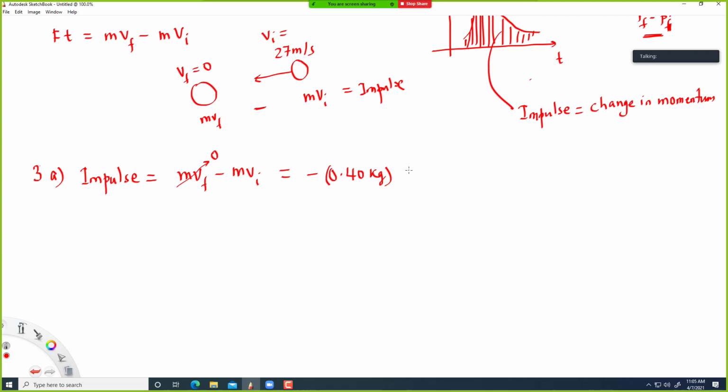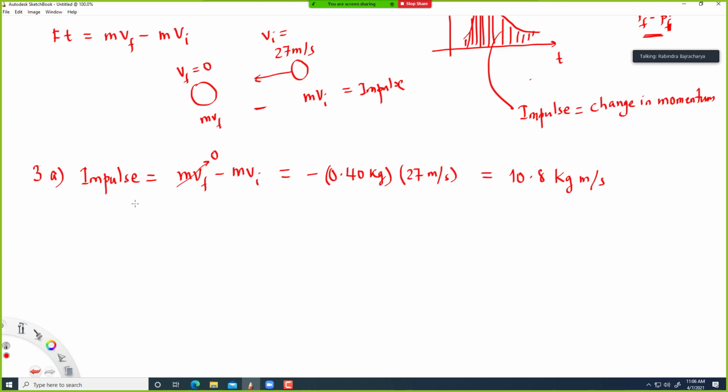Velocity is... No, sorry, we already used the 0 for the final velocity. So initial velocity is 27. Do the math, and that gives you the impulse, which is 10.8 kilogram meters per second.